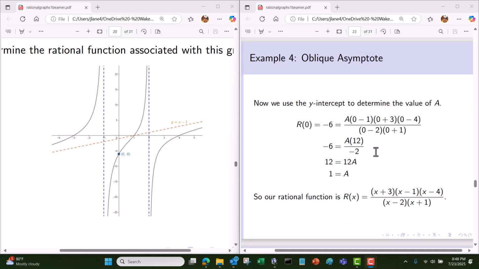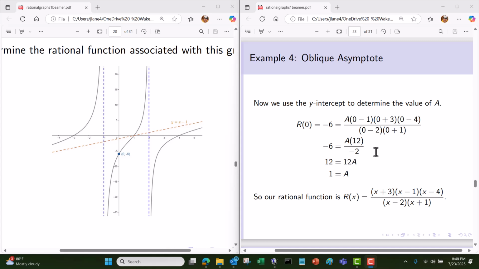Now we're going to use the y-intercept to determine that value of A. We know that when I put 0 in, I get -6 back. So when I plug 0 in for x into my template, I end up getting 12 equals 12A, and this means that A has to be 1.